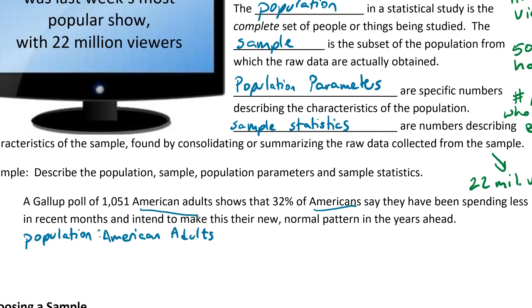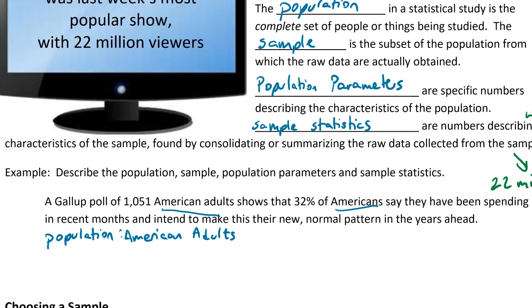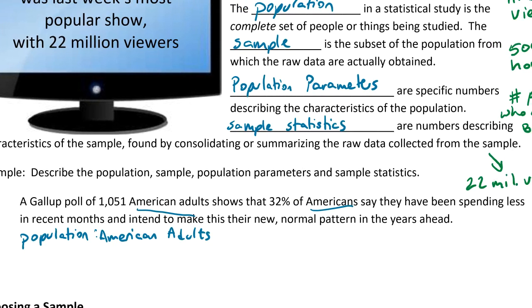Because that's what we're trying to actually study. The sample is how many did we actually study? So it was the 1,051 American adults.